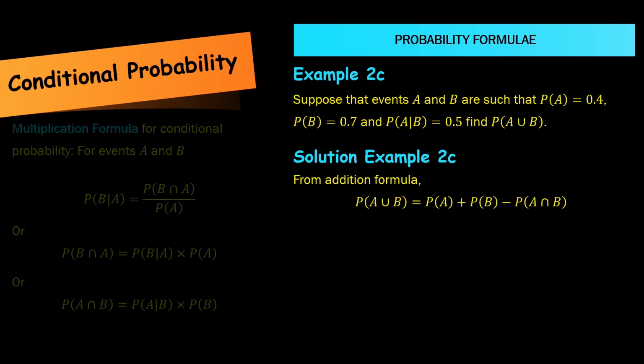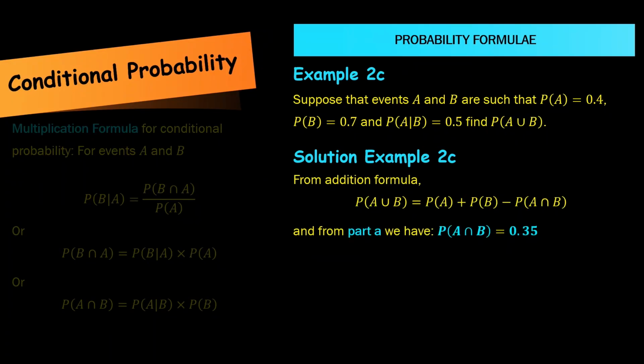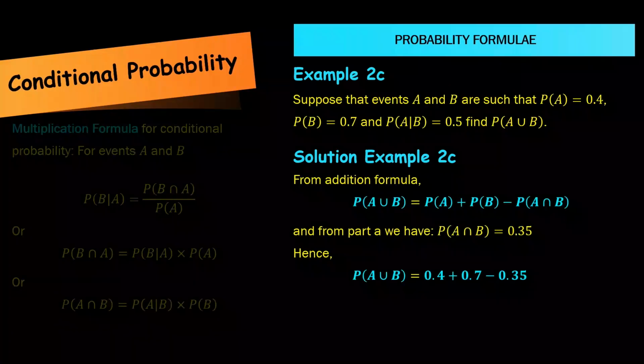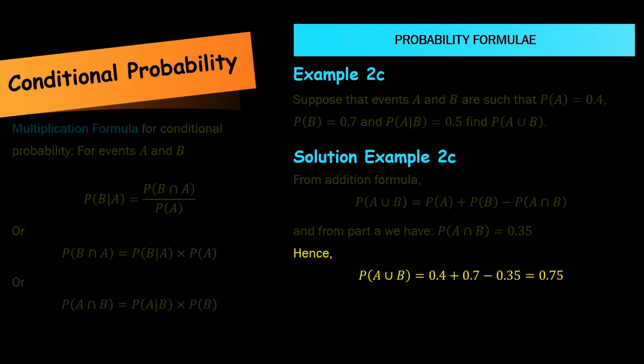Now from part A, we have that the probability of A intersect B equals 0.35, and therefore plugging in everything into the addition formula gives us probability of A, which is 0.4, plus the probability of B, which is 0.7, minus the probability of A intersect B, which is 0.35. And calculating this gives us that the probability of A union B equals 0.75.